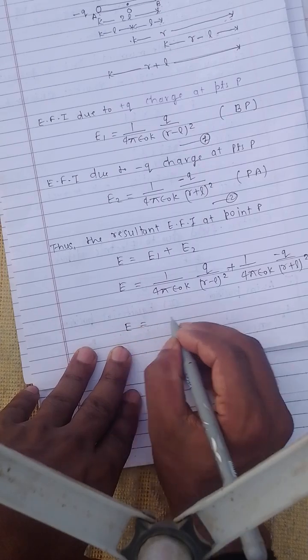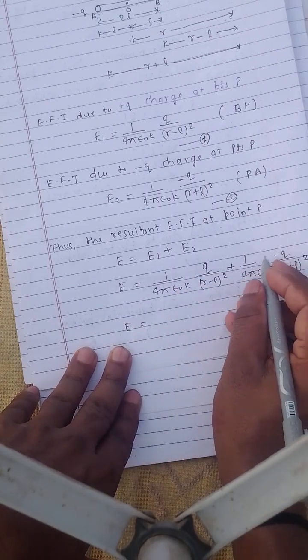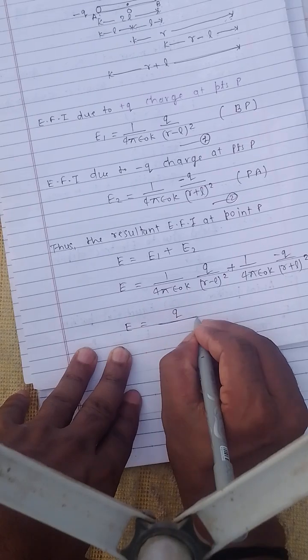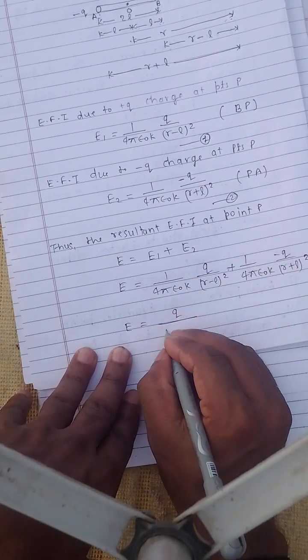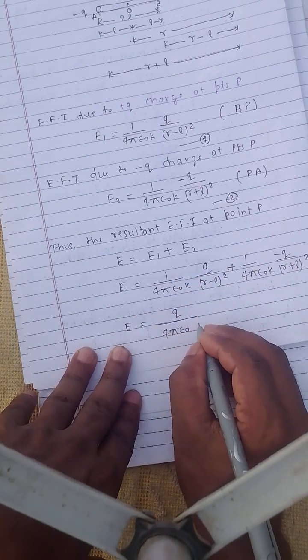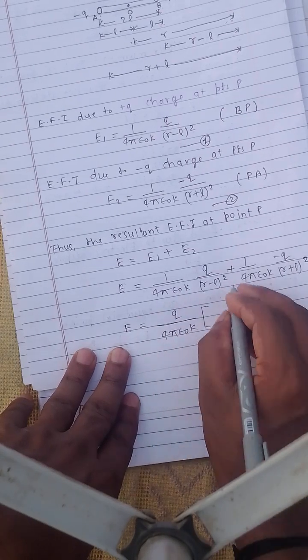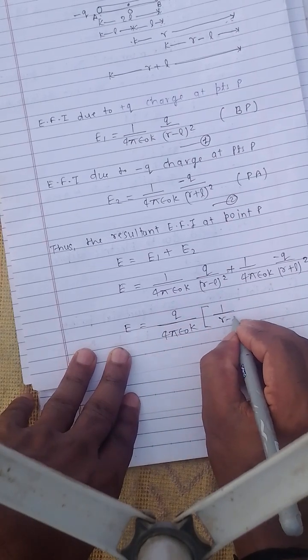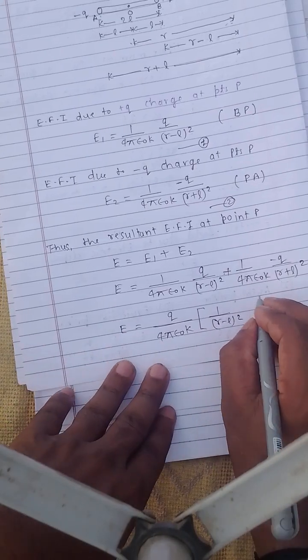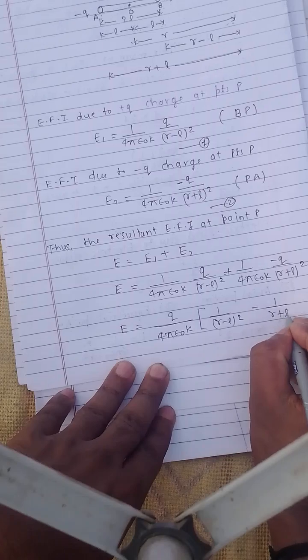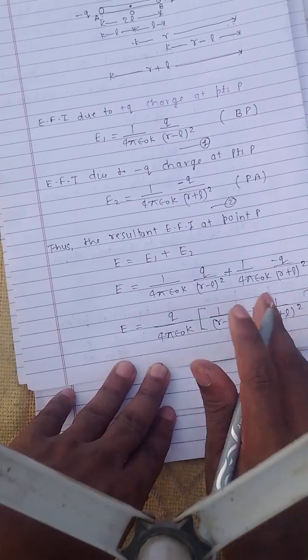Plus times minus becomes minus, and the common factor is q upon 4 pi epsilon naught into K, times 1 upon (r minus L) whole square minus 1 upon (r plus L) whole square.